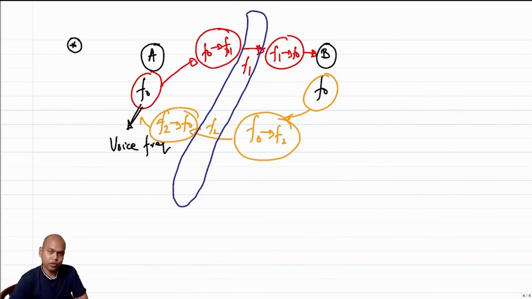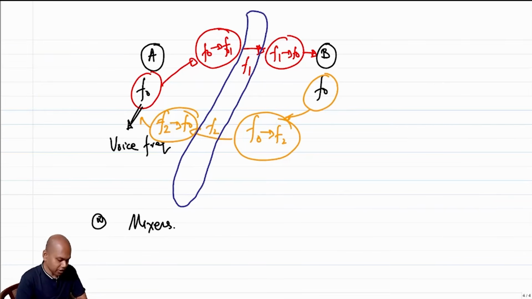But in order to do that, I either have to speak in a different tone or find a way of transferring my voice to a different tone. And that transferring of voice to a different tone requires a special class of circuits. They are called mixers. So we'll be learning about mixers in this course.